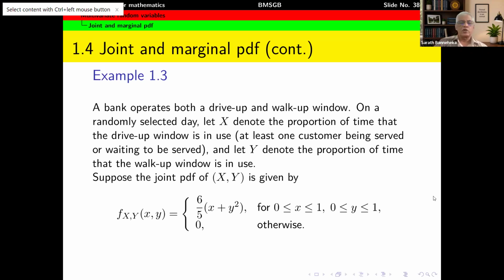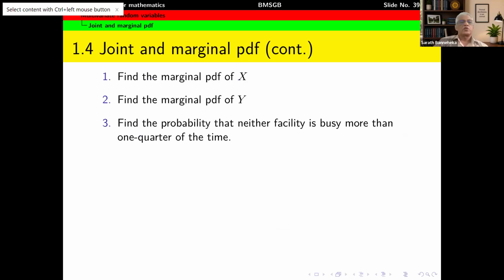Right. So somehow they have got this, and they have not explained how they got it, but that's one possible method. So find the marginal probability density function of x, find the marginal probability density function of y, and find the probability that neither facility is busy more than 1/4 of the time.